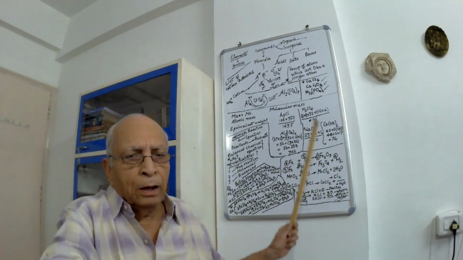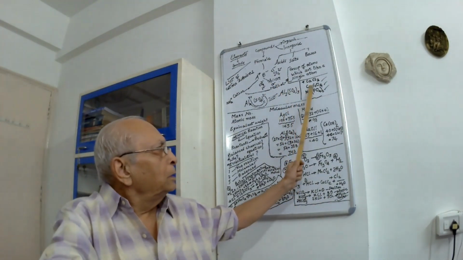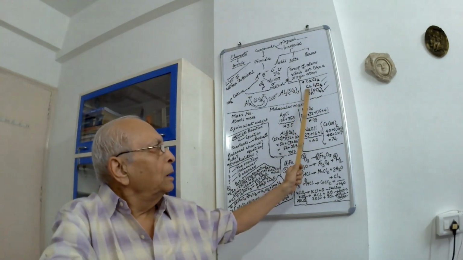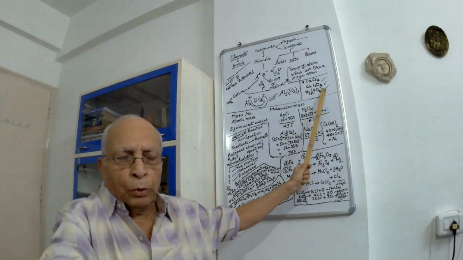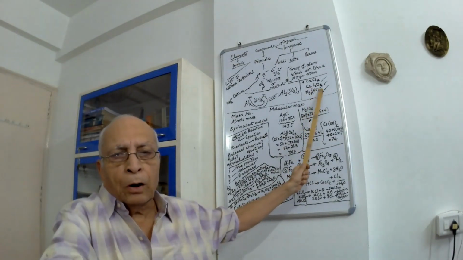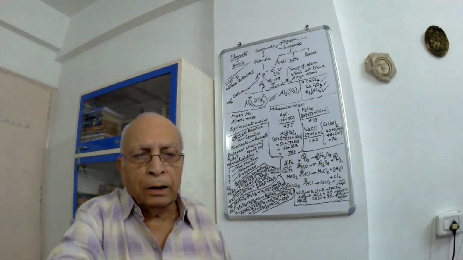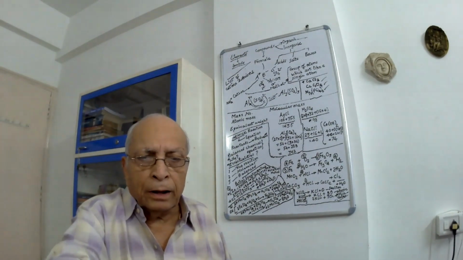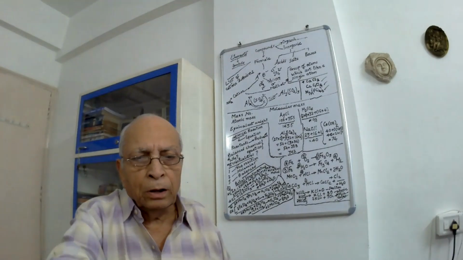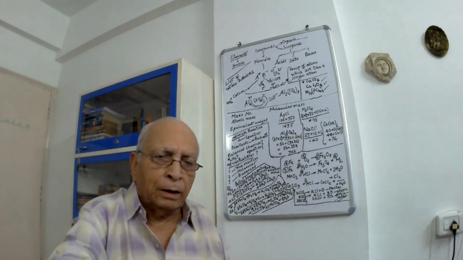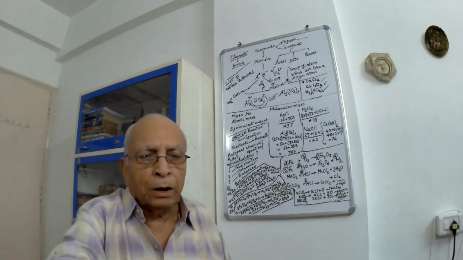That way, calcium chloride is CaCl2. CaC2O4 is calcium oxalate. C2O4 again is an anion. It is a radical again, having 2 negative charges. Calcium, a cation, having 2 positive charges.